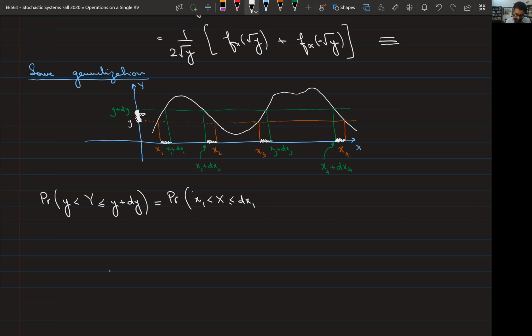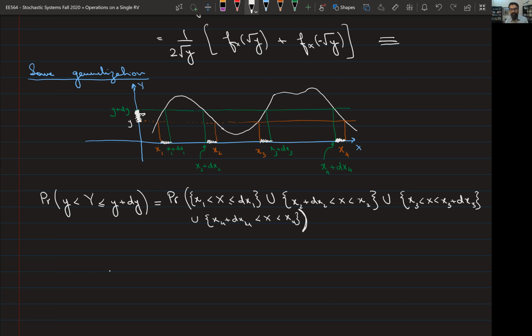So this is one event union with x2 plus dx2 is less than X is less than x2, union with x3 is less than capital X is less than x3 plus dx3, and that union with x4 plus dx4 is less than capital X is less than x4, and then this closes off the bracket.